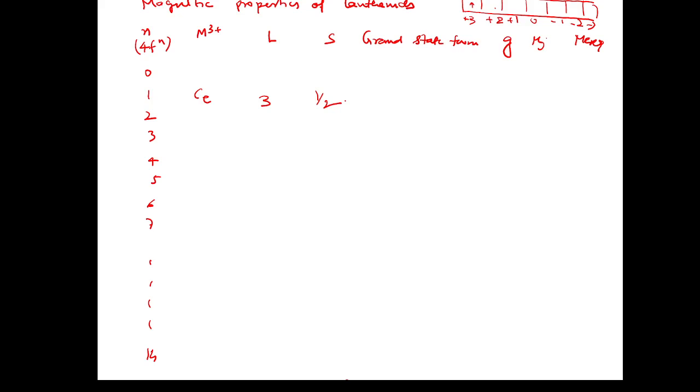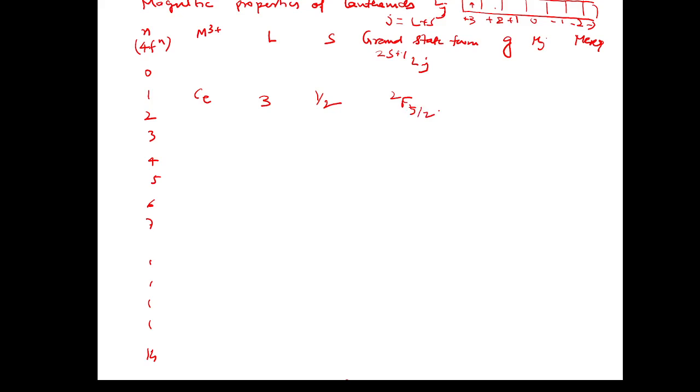What will be the ground term? Your ground term is 2S plus 1 L J. Since L is 3, that is the F term. 2S plus 1 is nothing but 2. And J is L plus S, which is 5 by 2.